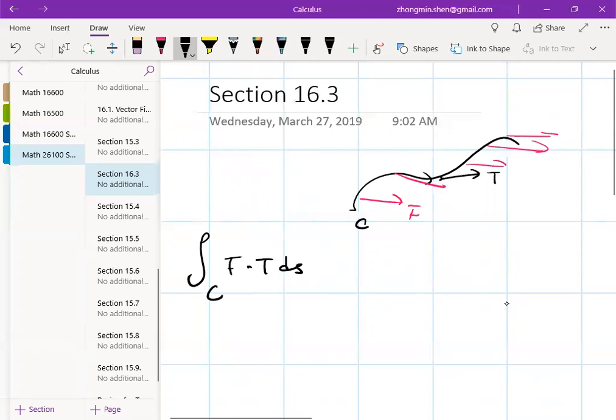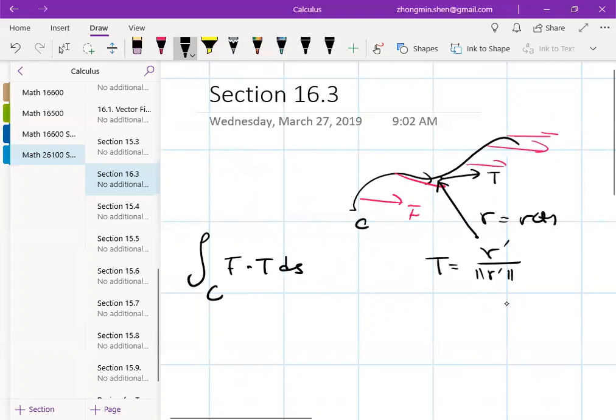Okay. Now in case this curve is parameterized by R, right? Then the tangent vector is going to be R prime divided by its norm.